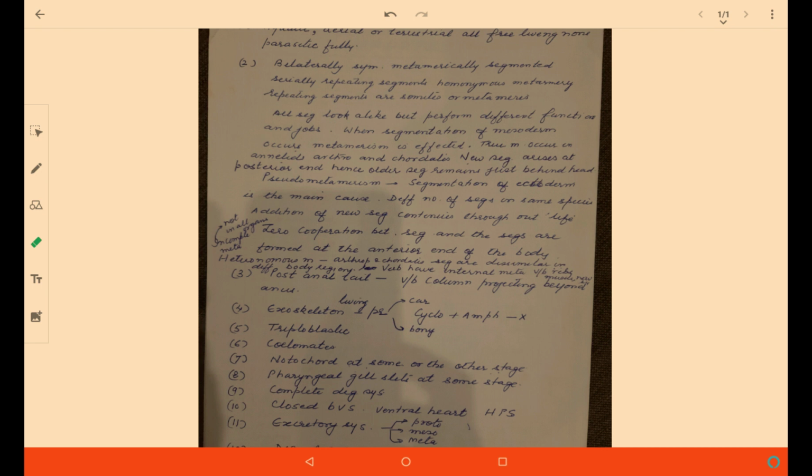In pseudometamerism, the addition of new segment continues throughout the life, whereas in true metamerism, the segmentation ceases after a period of development. There is zero coordination between the regions, and the segments are formed at the anterior end of the body in false pseudometamerism.